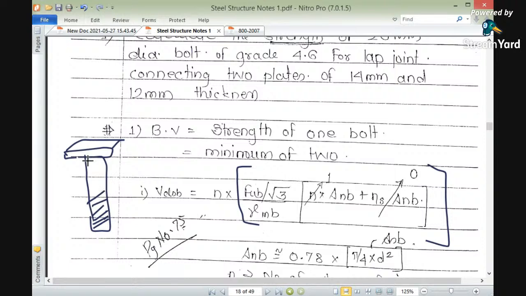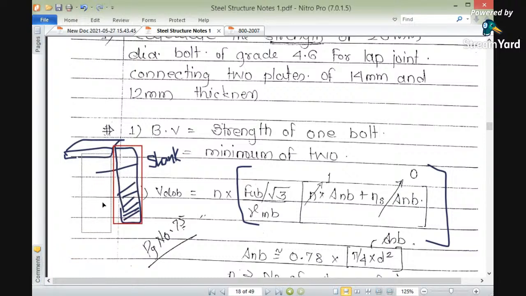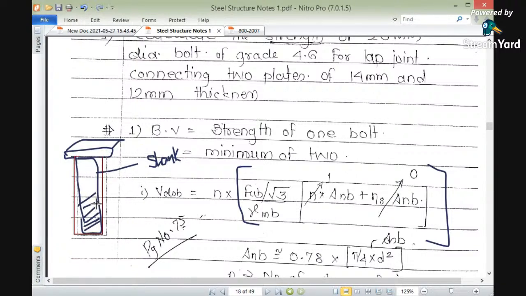This is the bolt. This is nothing but the shank area, whereas this is nothing but the threaded area of the bolt.